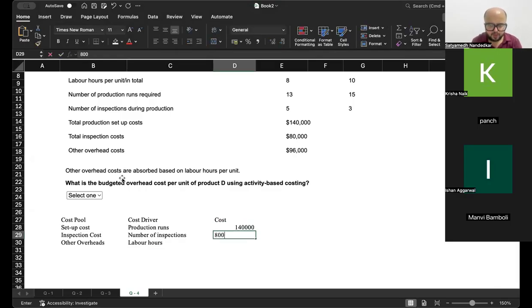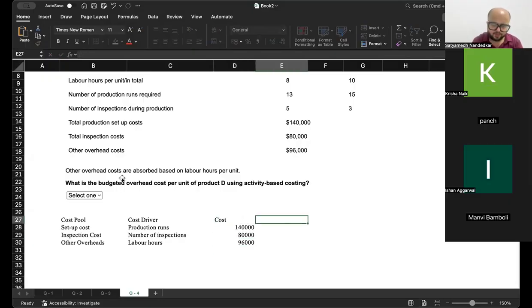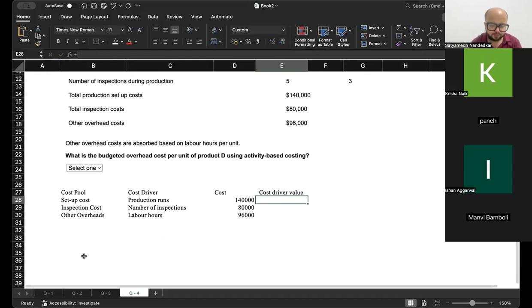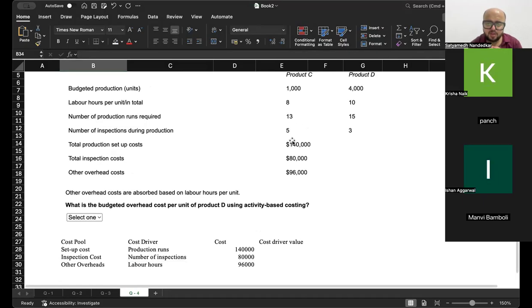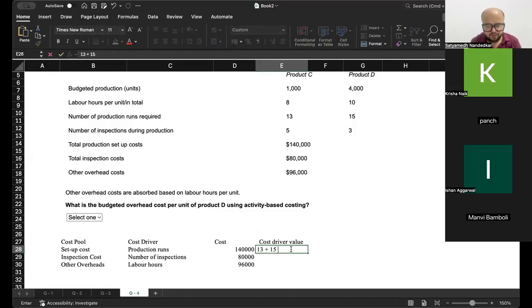Now 1,40,000, 80,000, 96,000. Then the cost driver value. Product C, number of units 1,000, product D 4,000 units. Number of production runs required is 13 for product C and 15 for product D, so 13 plus 15 is 28.